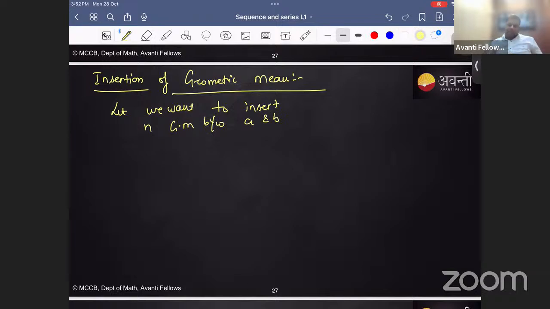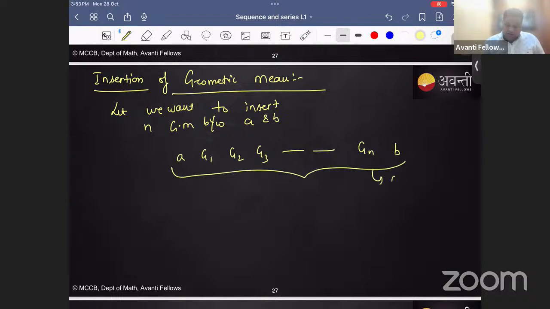Now see, between A and B, you want to insert n geometric means, that is G1, G2, G3, and so on, Gn, so that this becomes entirely a GP. So this is what? A GP of n plus 2 terms. Am I correct?